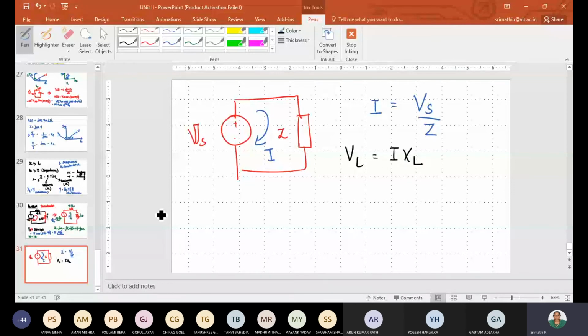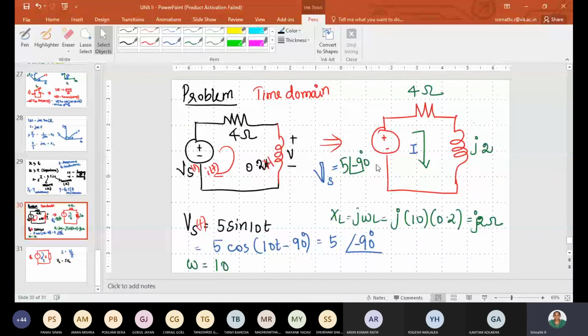Otherwise, if I'm not interested in finding it like this, I can directly go ahead with the voltage division rule. What is the voltage division rule? The total voltage of the circuit into this particular impedance, divided by the sum of the impedances.